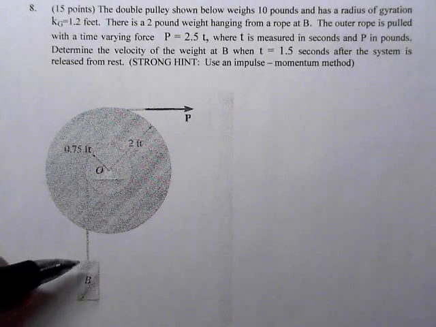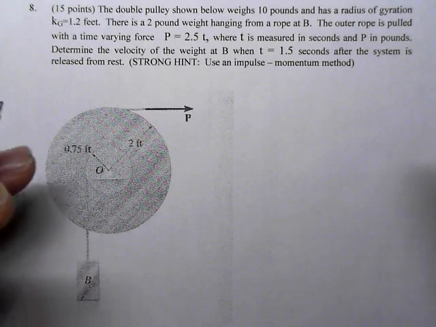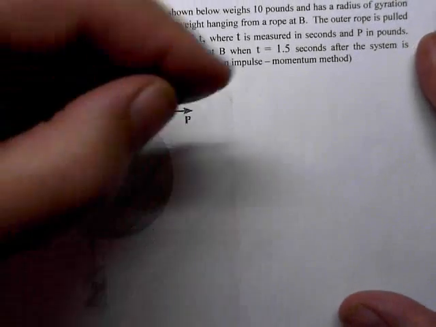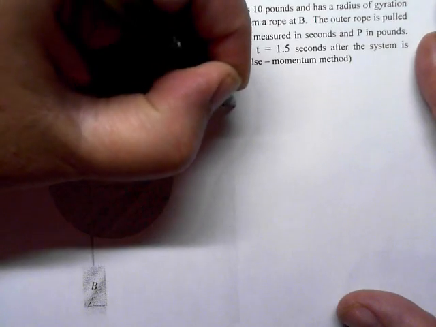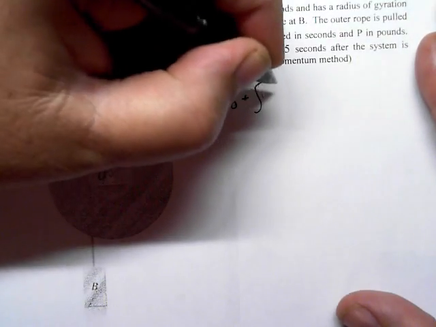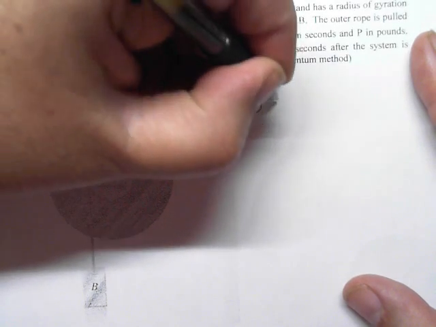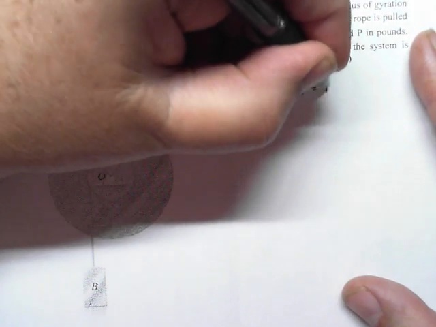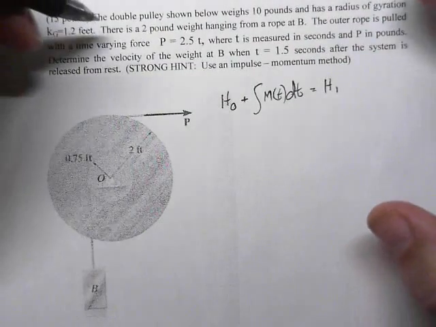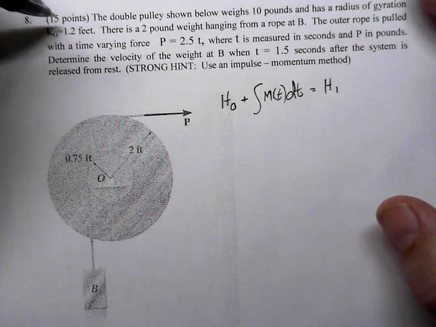The other alternative is to cut the rope, and we might just talk about that one briefly. So we're going to say H0 plus the integral of M(t) dt is equal to H1. And are we starting from rest?